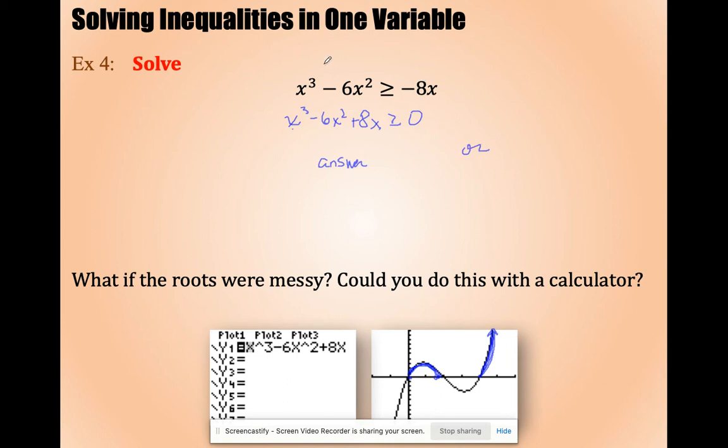Or I would expect you to put this in y1, this one into y2, and find the intersection. But what's important is that you communicate what you do, right? So I could draw a graph would be one way to answer a question if I had a calculator in my hand.